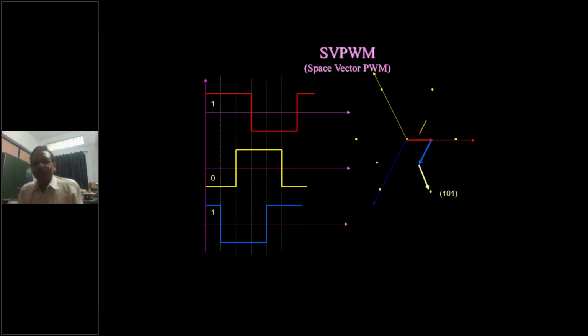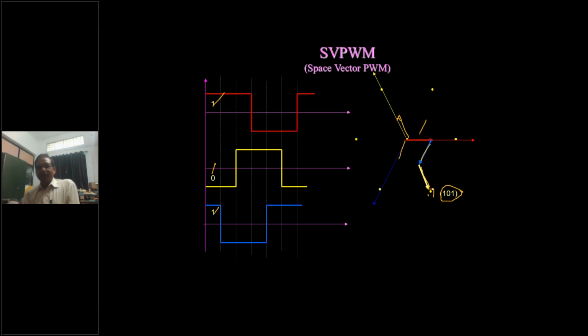R positive, B positive in this direction, and Y is in this direction but negative. So 1, 0, 1. The phasor addition of all three gives this point. This is 1, 0, 1 in vector space.